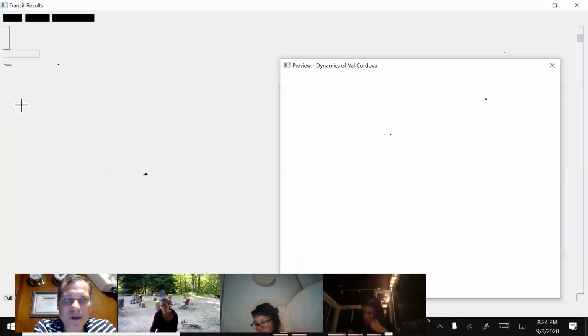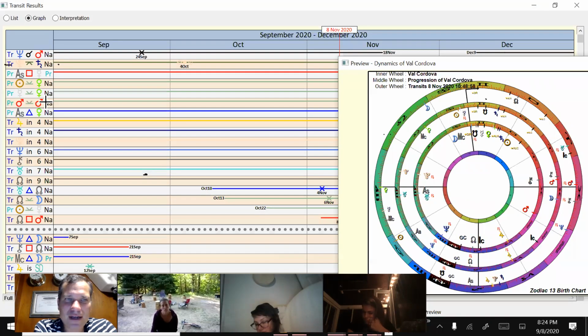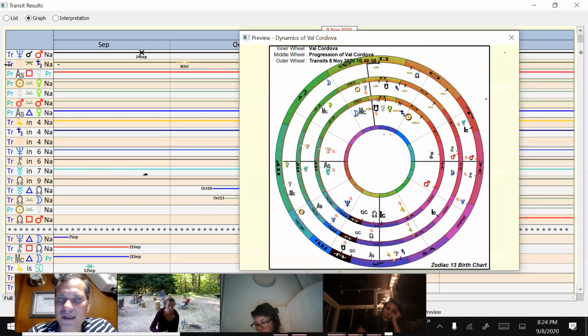PR Mars, progressed Mars, semi-sextile natal Mars. Progressed Mercury semi-sextiles natal Venus, right? It doesn't give you the progressed conjunctions, but you can work all that out too.